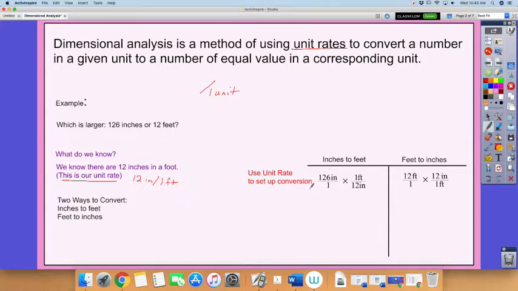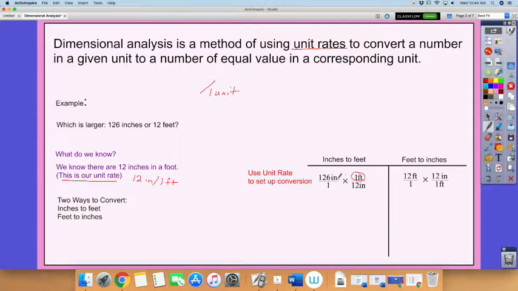So I know that my starting problem is that there is 126 inches, and I've put it over 1 because all numbers have that invisible 1, so we have a nice fraction. Now notice over here, I've multiplied it by my unit rate. And in this problem, notice how the 1 foot is on top. The reason why we do that is because when we convert, we're trying to get rid of inches and turn it into feet.